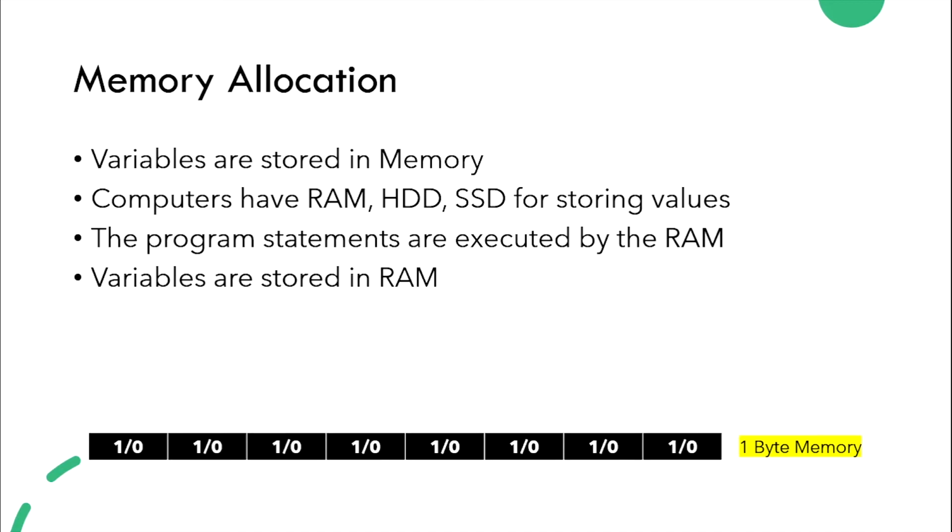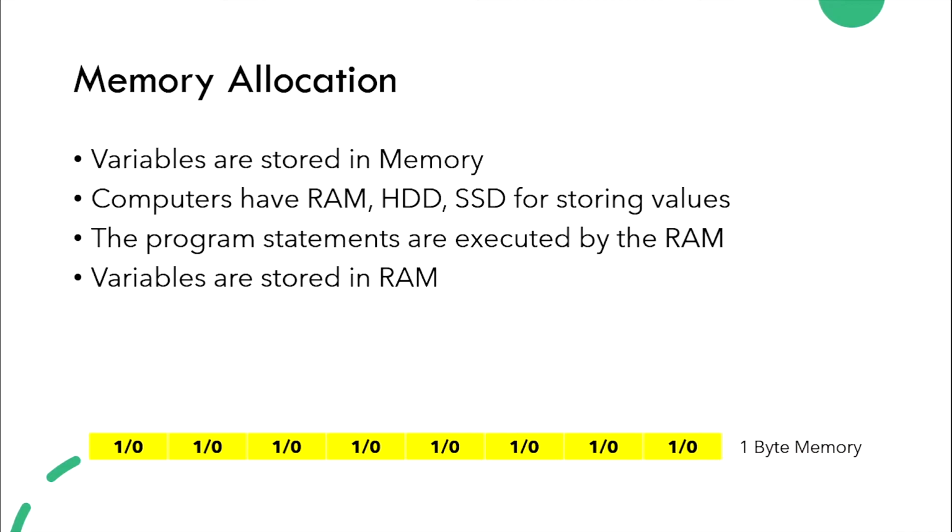So all of this data that is stored in the RAM is stored in the form of bytes. A byte of memory is composed of 8 different bits. As you can see here, these bits can have 2 different values, either ones or zeros.